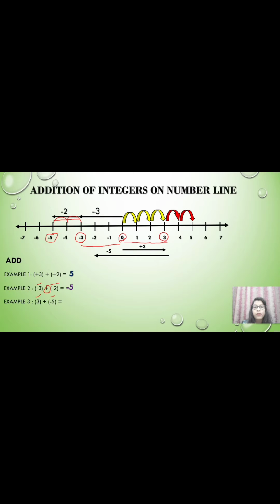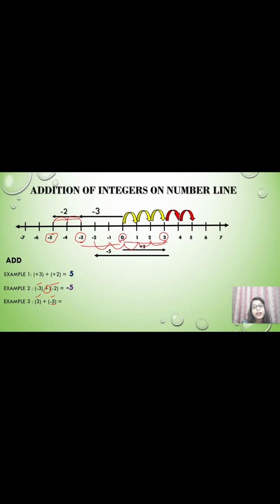From that number 3, now I have to move 5 steps in the left direction because this is a minus number, negative integer. So from this 3 point we have to move 5 points in the left direction. So this is first step, second step, third step, fourth step and fifth step.